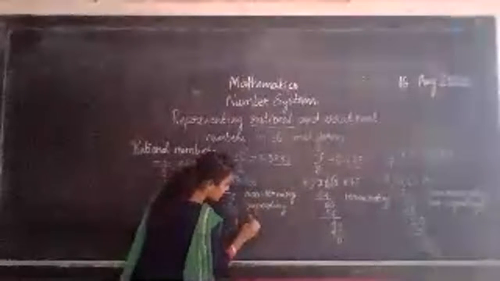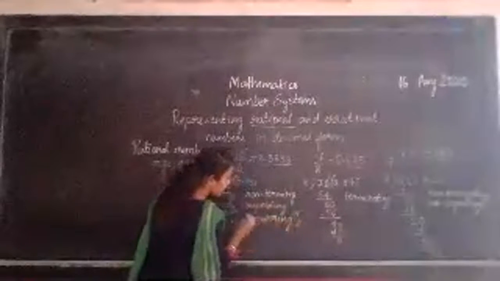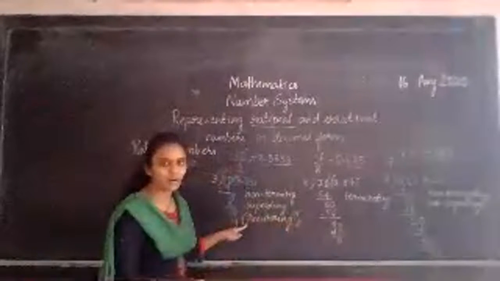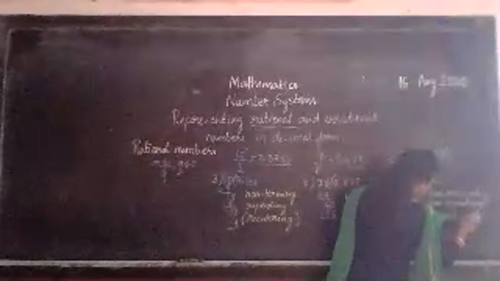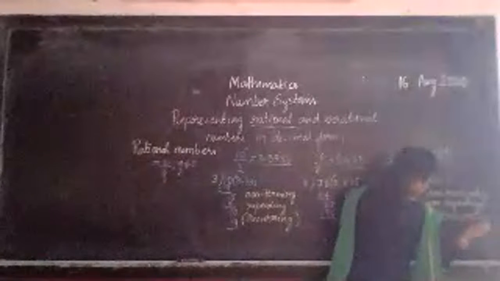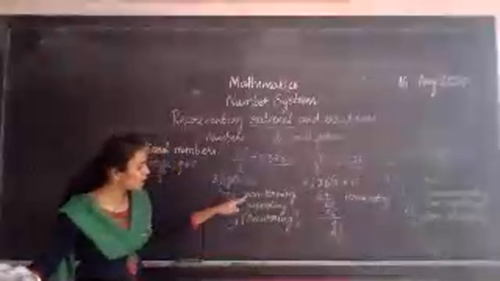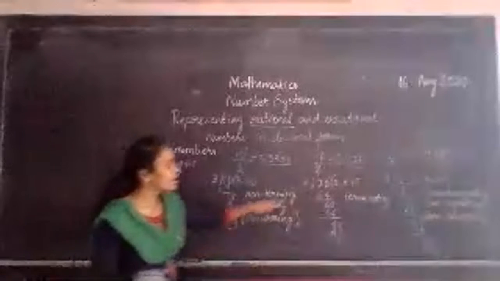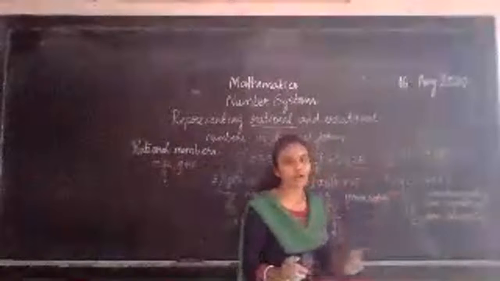Repeating can also be called recurring, reoccurring. This can also be called non-recurring. So in this example, non-terminating and repeating. Here it is terminating and here it is non-terminating and non-repeating.